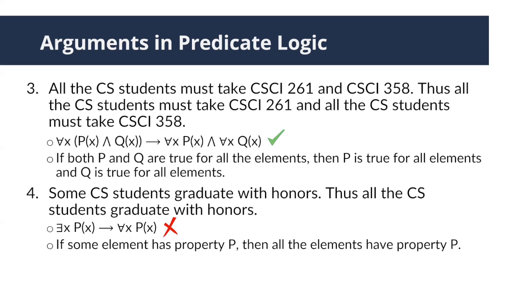So from these 4 simple examples, you can see arguments with predicates are still arguments. Therefore, some of them are valid, some of them are not. But how can we prove a given argument with predicates to be valid?